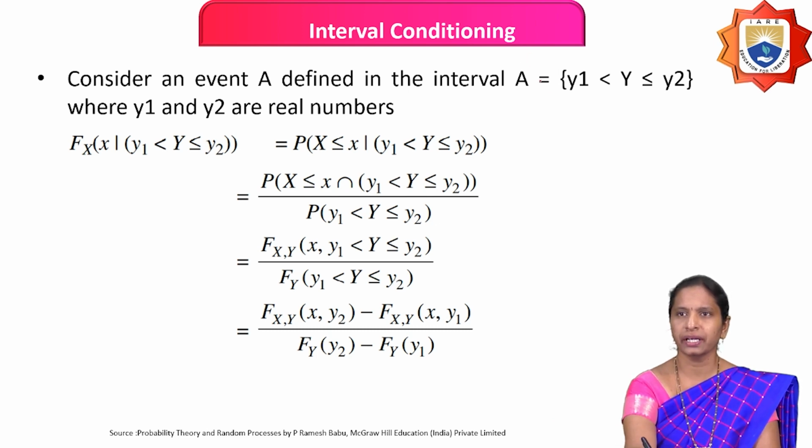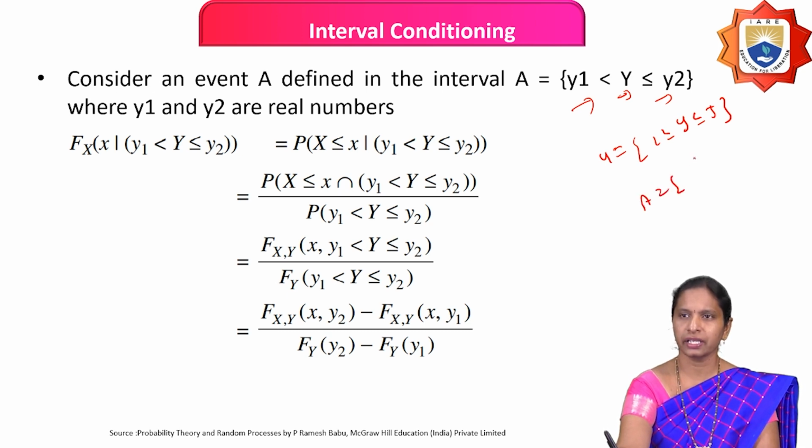I am defining the conditioning event A such that the random variable takes an interval of values. For example, let us say y is from 1 less than y less than or equal to 5, and I define the event A such that it takes only the interval from 3 to 4. It means it is taking some interval. Previously, in the case of point conditioning, y takes only a single value.